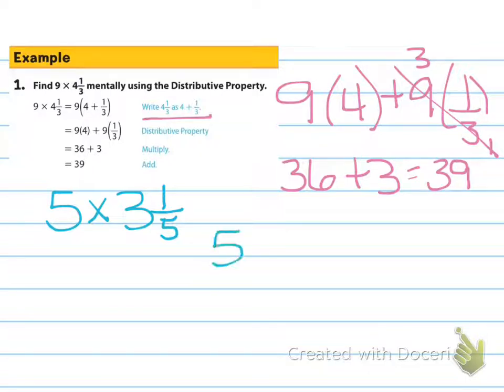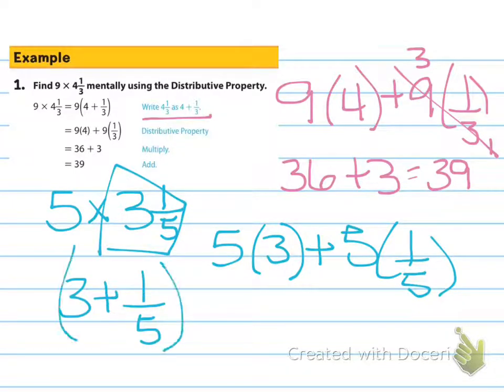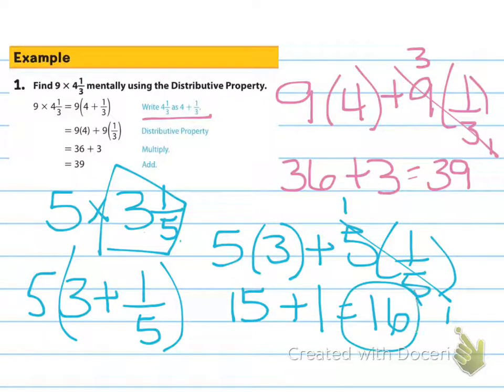They're saying let's do 5 times 3 plus 5 times 1/5. So we're just taking this and separating it out as 3 plus 1/5, and we're multiplying everything by 5. So 5 times 3, and then 5 times 1/5. And so the 5's both cross simplify to make 1 each. So now we have 5 times 3 is 15, plus 1 times 1 is 1. And so we end up having 16 as our answer.